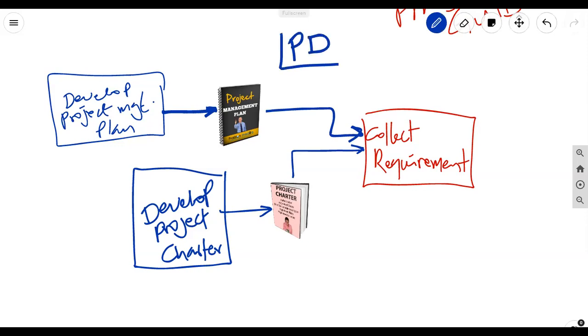So your page 89 project documents, they are some of relevance though. Not every single document on page 89 is a potential input to this. When we talk about business documents, on the other hand, we're very specific to the business case and the benefits management plan. So project documents.